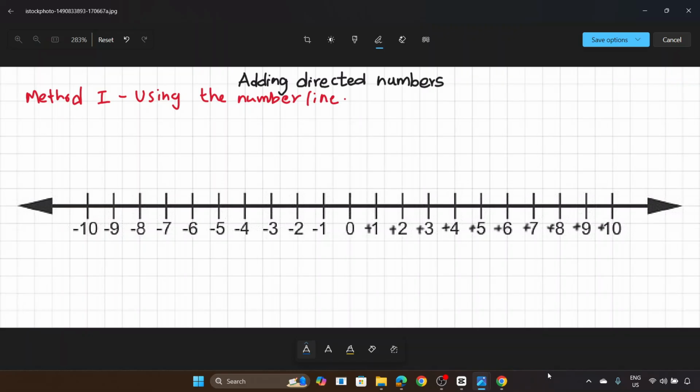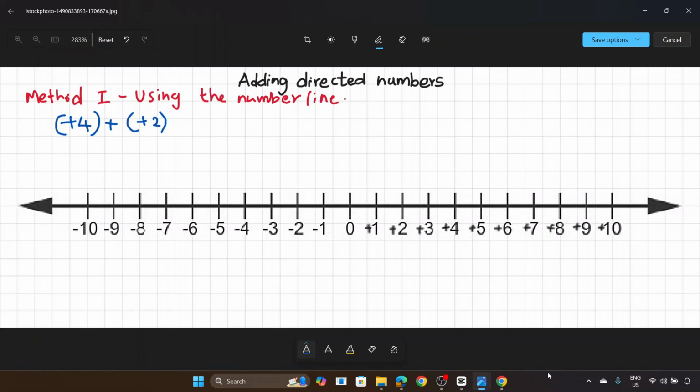Let us move on to addition of directed numbers. There are two methods. The first one is addition using the number line. Okay. Let's find the value for this: positive 4 plus positive 2.